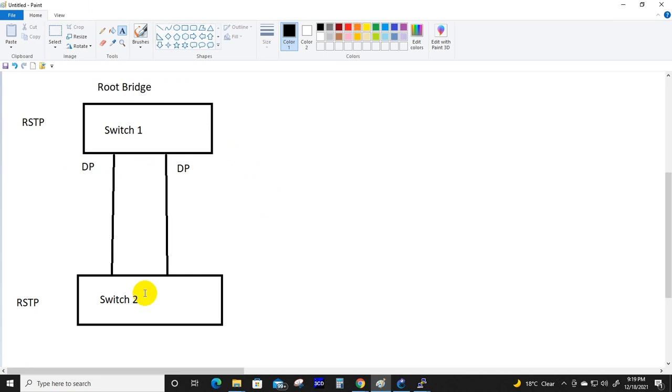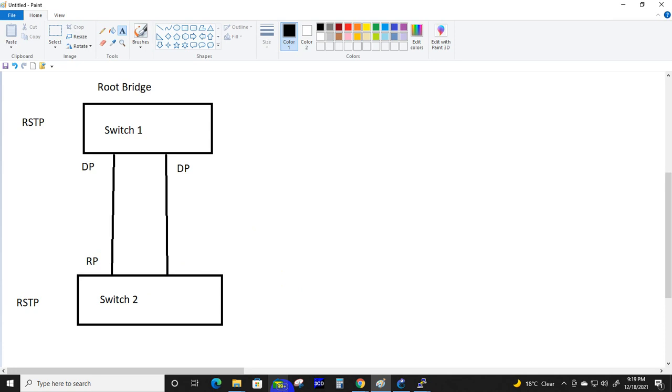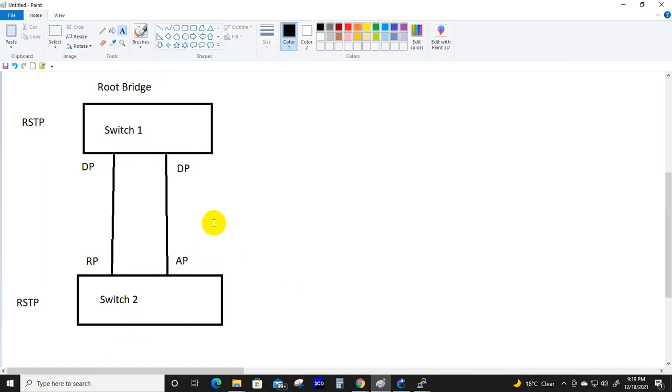And this is the non-root bridge, so it must have a root port, and another is the alternate port.